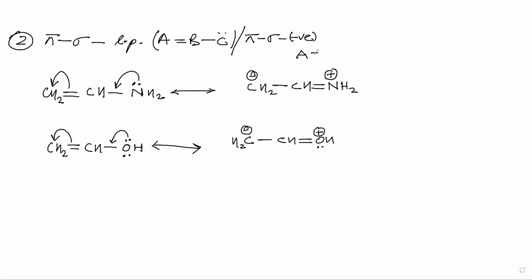It means that we will have something like A double bond B, single bond C, and we will have a negative charge here. The same type of thing will be happening. For example, if I have CH2 double bond CH, single bond CH2 negative, this negative will always have a lone pair here.